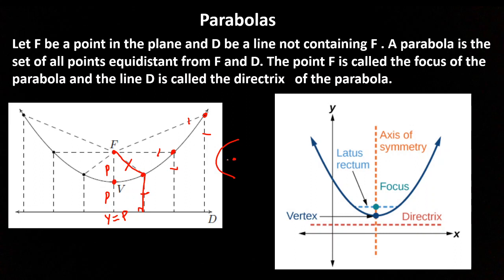So if it's horizontal, then our directrix would be vertical, so it would be x equals P. All right, so let's talk about some naming here. This point is the vertex, this point is the focus, and this line is the directrix. That's what it's called. This line right here, not that, that's the x-axis.